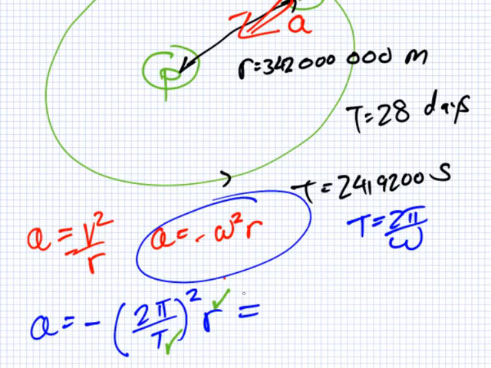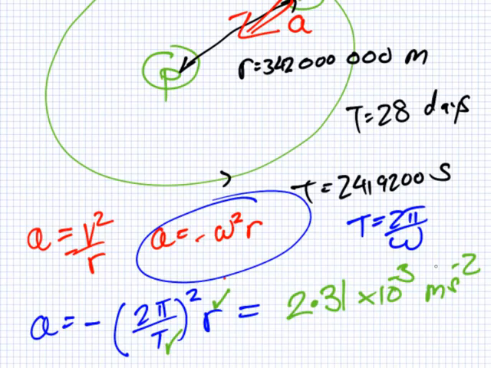Now the answer is actually quite small, and in fact it should be quite small. Meters per second squared. The reason it's quite small is because when a planet is moving in a circular path, the easiest way for me to explain this is: the harder the circle, the bigger the acceleration towards the center.